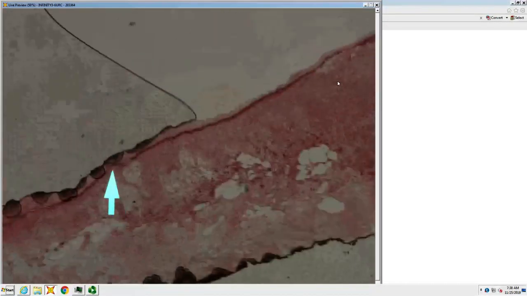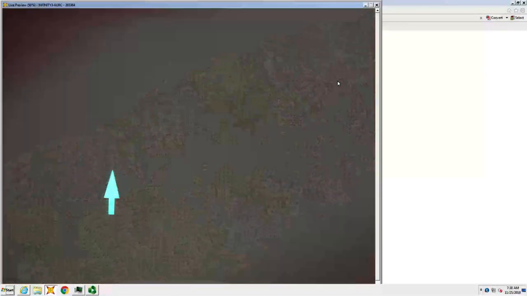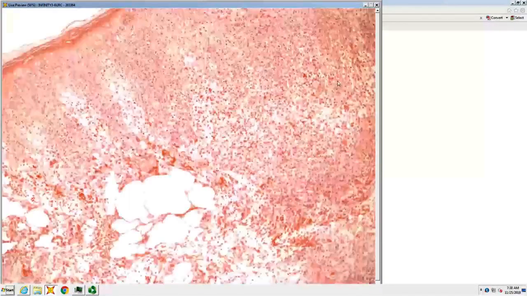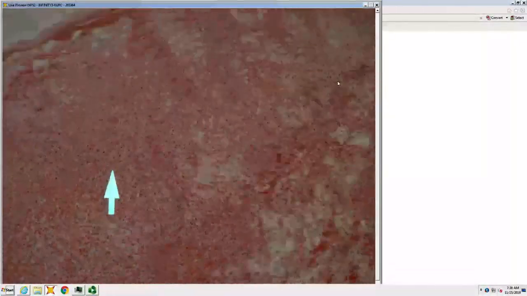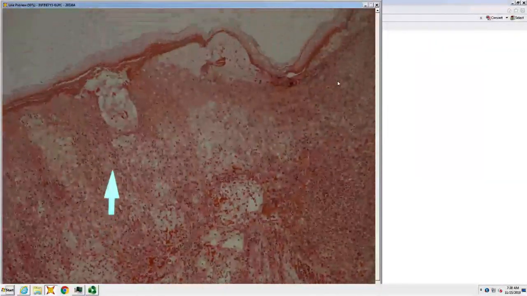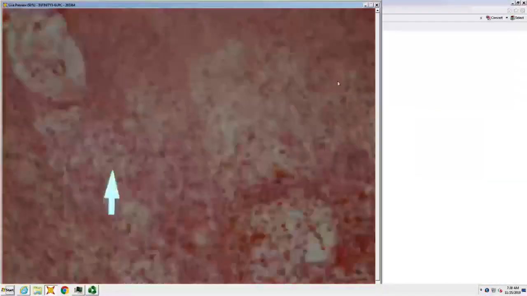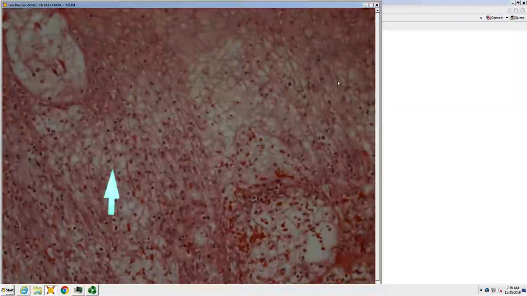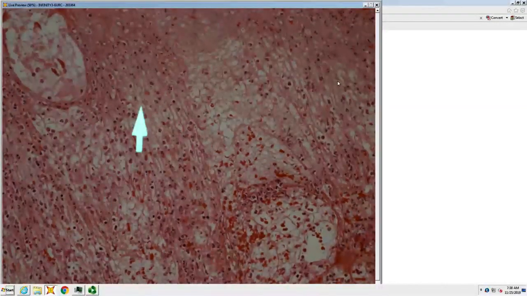A lot of inflammation. Some necrosis. I don't see any giant cells. Looks like zoster again.